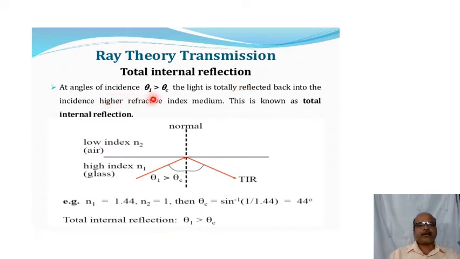Next is total internal reflection. When the angle of incidence theta 1 is greater than theta c, the critical angle, the light ray is totally reflected back into the incident, higher refractive index medium. This is known as total internal reflection. This phenomenon is very important in optical fiber communication for ray transmission.